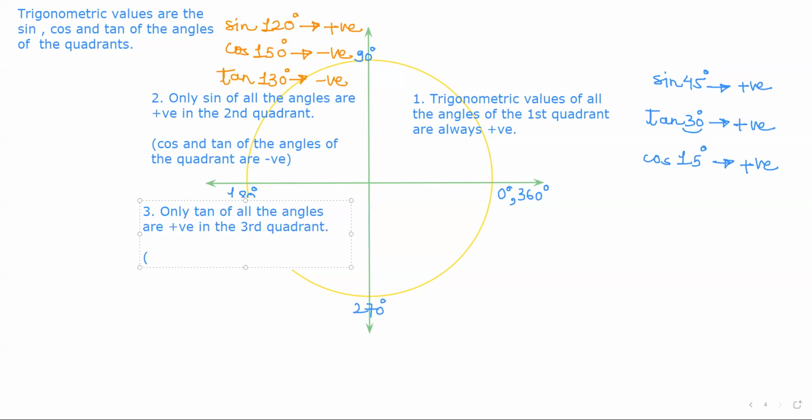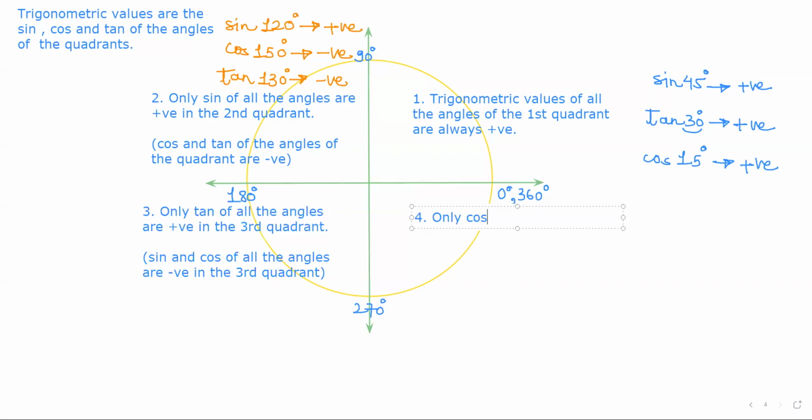The inference which we can draw is sine and cos of all the angles are negative in the third quadrant. Right? All of you have understood it. I'm very confident about that.